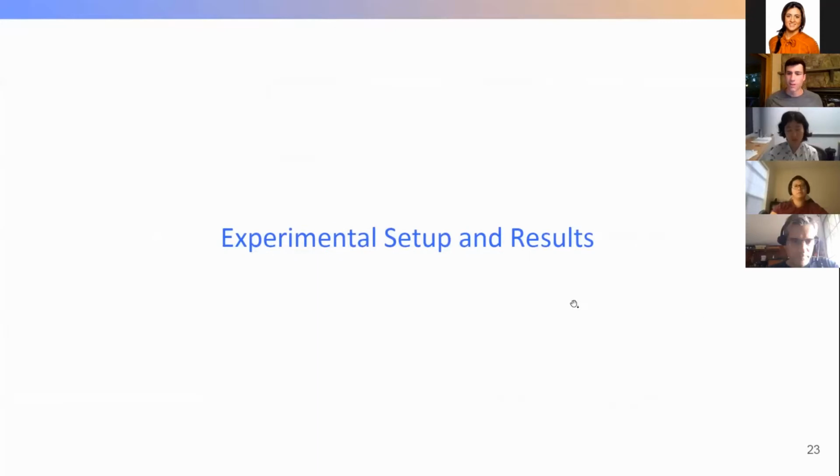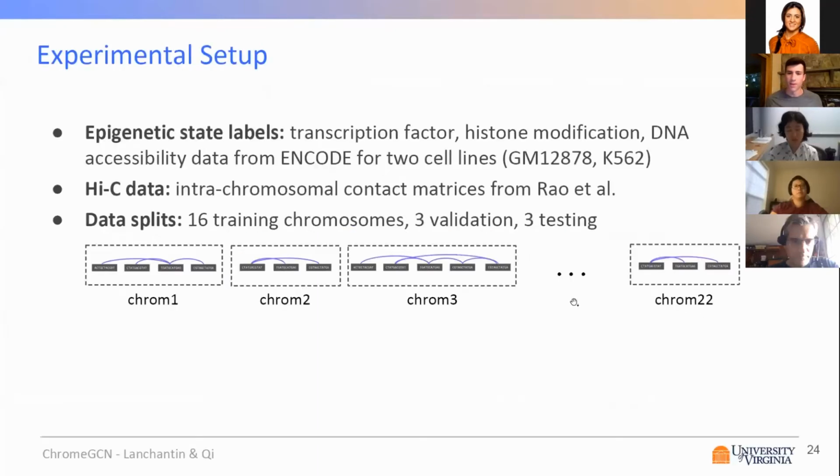So I'll just quickly go over how we try to validate this model. For epigenetic state labels, we use all transcription factor, histone modification, and DNA accessibility data from ENCODE using two commonly used cell lines, GM12878 and K562. And for Hi-C data, we use the intrachromosomal contact matrices, which tell us edges within a specific chromosome.